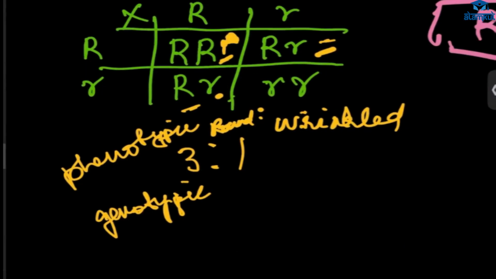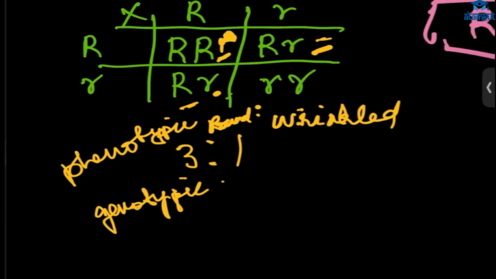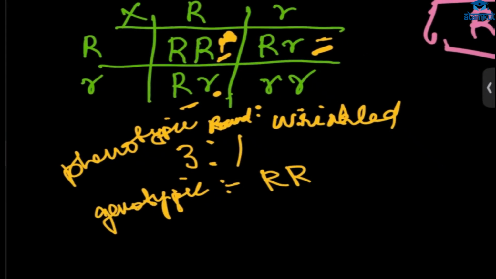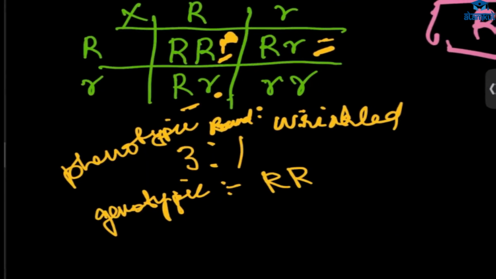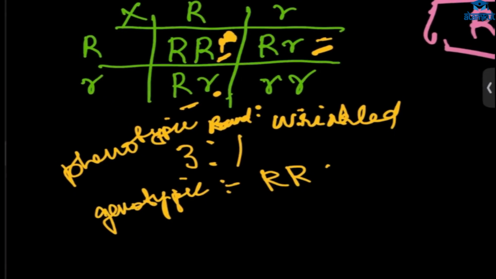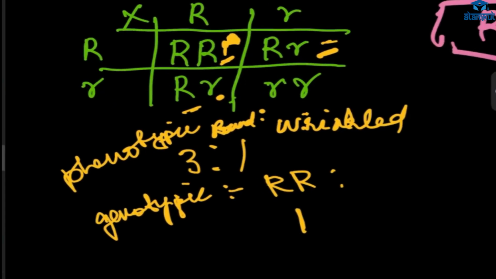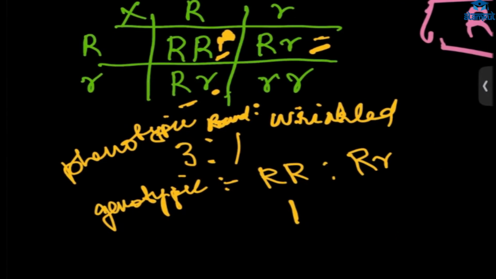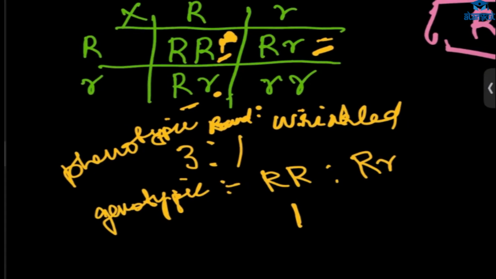Now in the genotypic ratio, we have the composition as capital R capital R. Are there any more capital R capital R in this table, Ria? No, ma'am. So this genotype has only one. Now you can see capital R and small r: how many are there? Two.